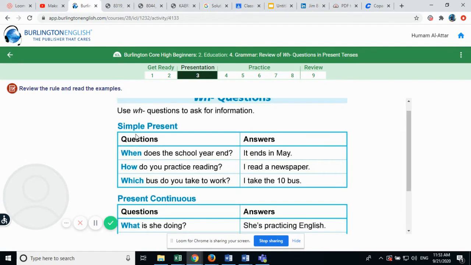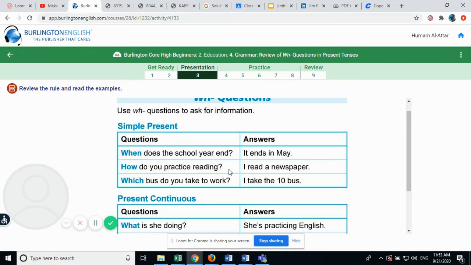Here's the simple present. When does the school year end? It ends in May.